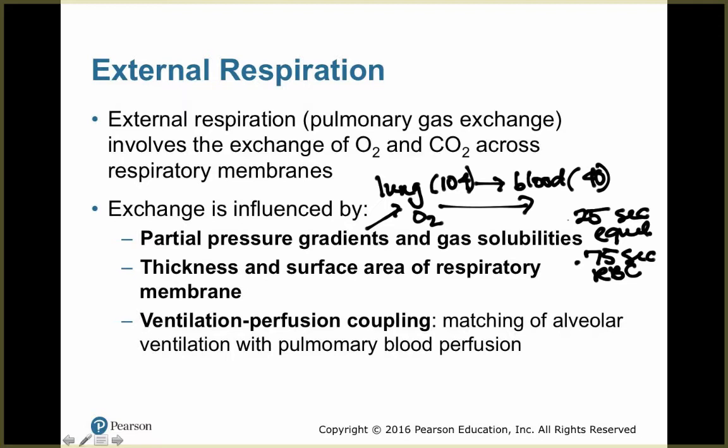So O2 equilibrium, just to reiterate, is reached in about 25 seconds, but it takes red blood cells about 0.75 seconds to travel all the way through the capillaries. So it ends up keeping the exit of CO2 and the entry of O2 about equal because of this.